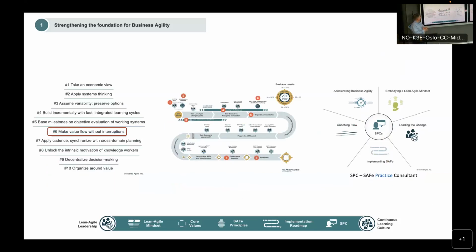They've changed one of the principles. I can't remember the old one now, but make value flow without interruptions is the new one. So the flow-based system, measuring, finding bottlenecks and removing them is a key part now.